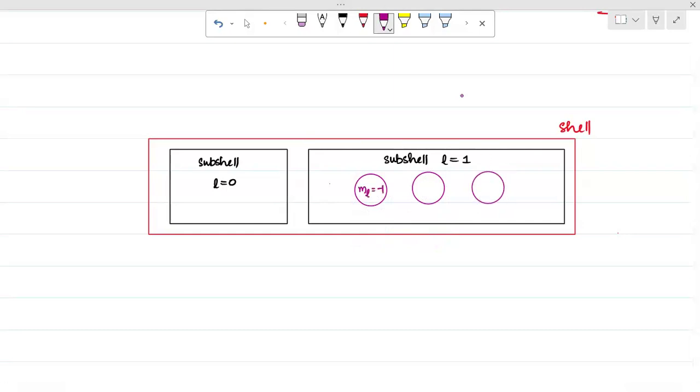Let's say this is ml is equal to -1, ml is equal to 0, and ml is equal to +1. These all show my orbitals. So you can understand, if my electron is sitting over here, you can say that my electron has an ml value of +1, L value of 1, and the shell will be 2, because without that you cannot have the L value of 1. Okay, so this is where we are.